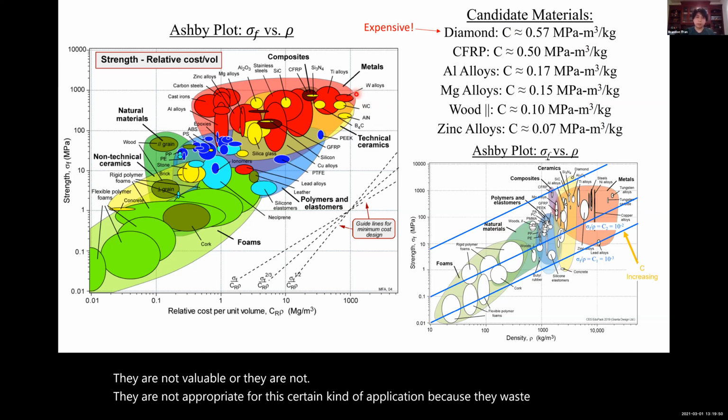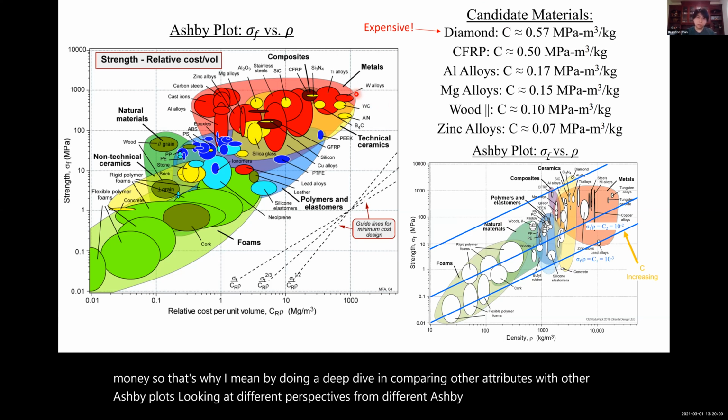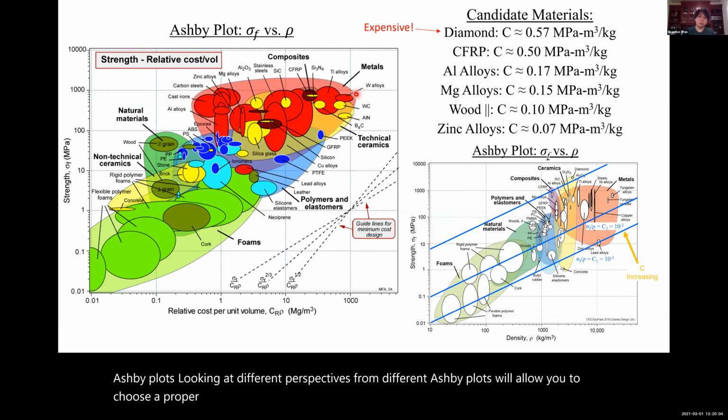So that's what I mean by doing a deep dive and comparing other attributes with other Ashby plots. Looking at different perspectives from different Ashby plots will allow you to choose a proper material that won't damage your product and will be efficient enough to do your system's functionality essentially.